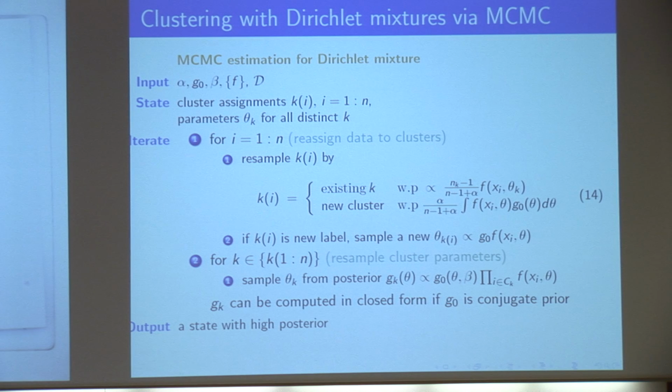Yeah? Would it make sense to, instead of doing a hard assignment to a theta k, keep that posterior around, and then when you're sampling for the existing k, integrate over it? Yeah, I would love to keep the posterior around, but I can't because it doesn't have a functional form. Or I would have to go back and integrate there.